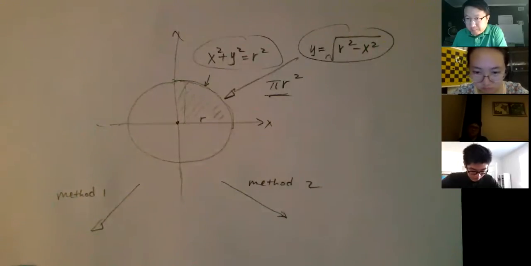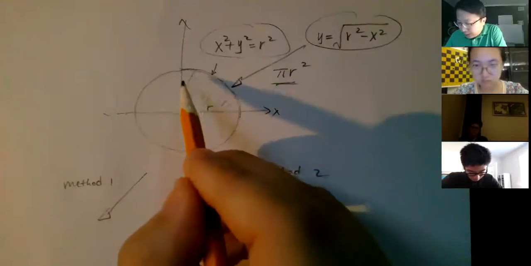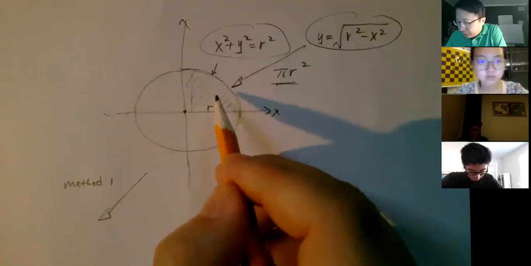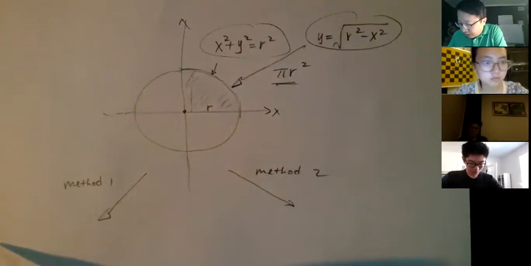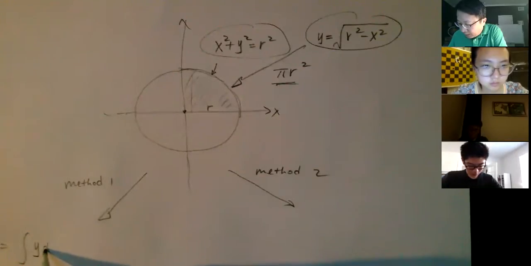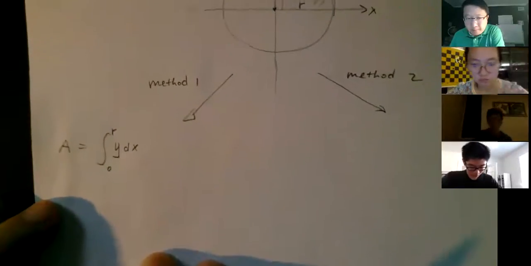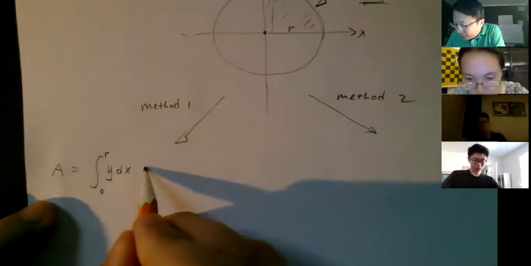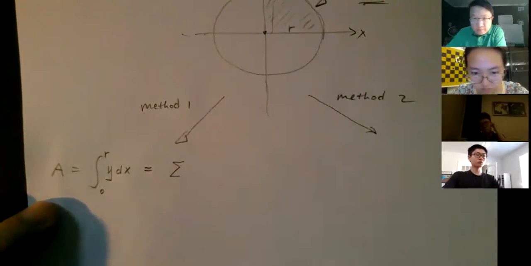So let's solve it. How do we get the area? The area is this y, right? We call the area A. A is really the integral of y dx from x equals 0 to x equals r, correct? Or if that's hard to understand, you can see it's really a sigma, going back to our definition.